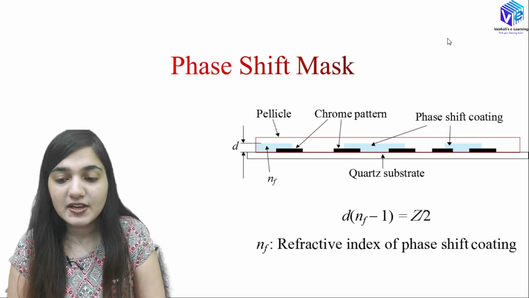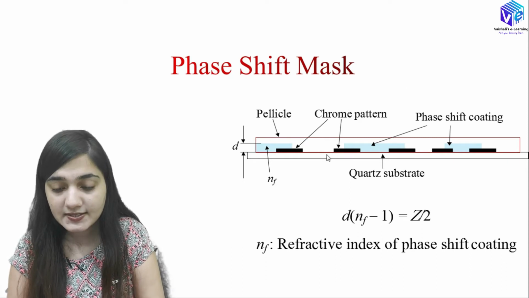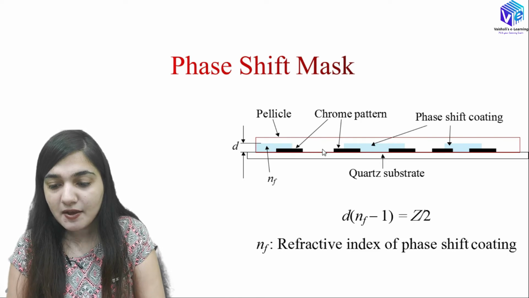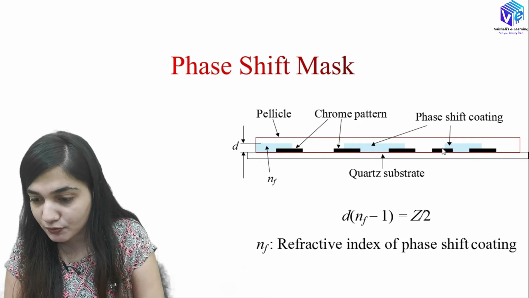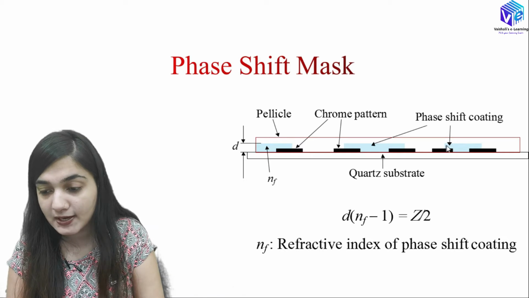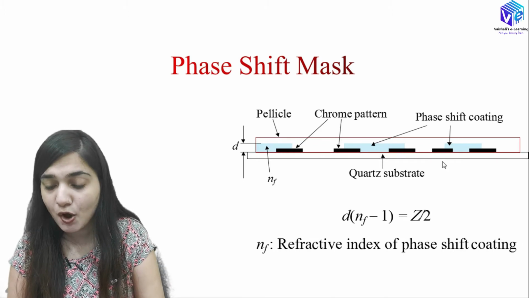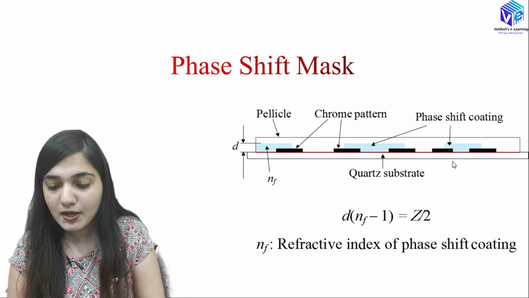Now coming to the phase shift mask. Phase shift masks are also required for minimum feature size. Here you can see we have this mask, with chrome patterns over here, and these have the phase shift coating. This light blue region represents my phase shift coating, and it is on the quartz substrate.